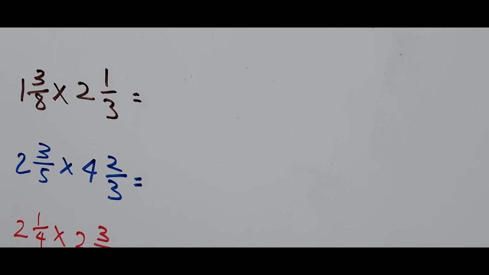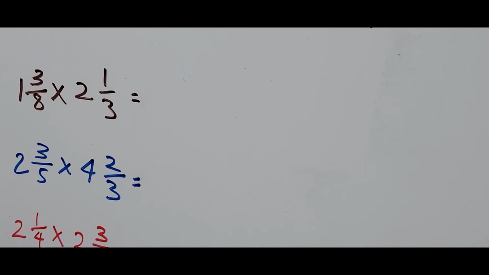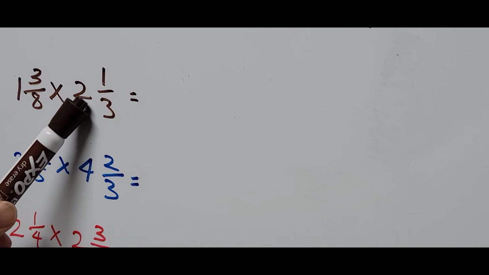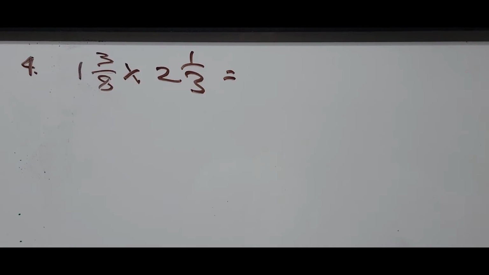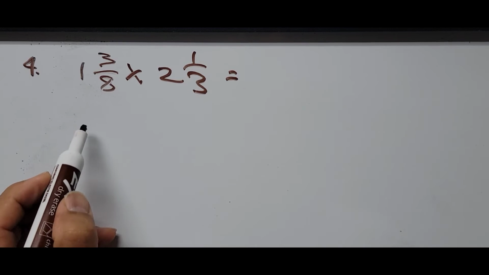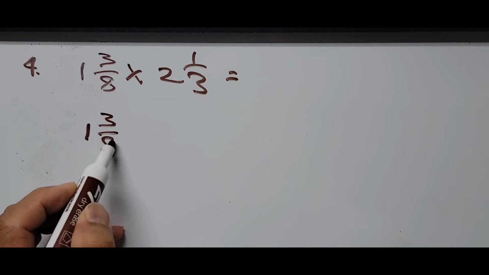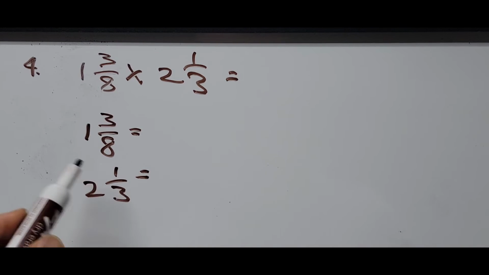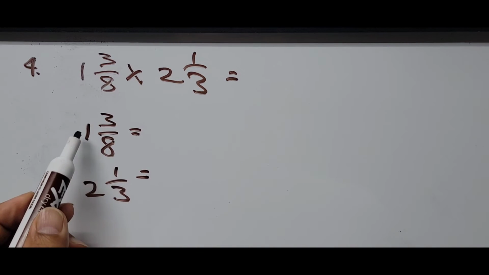So we are now on solving number 4 problem. We're now solving this 1 3/8 multiplied by 2 1/3. Okay, once again we have to convert these mixed fractions into improper fractions. 1 3/8, 2 1/3. 8 times 1 is 8.